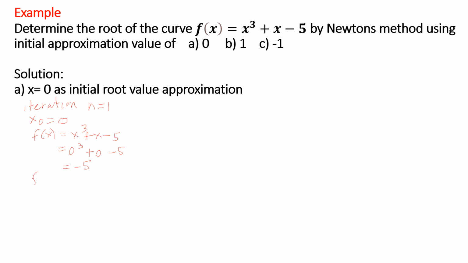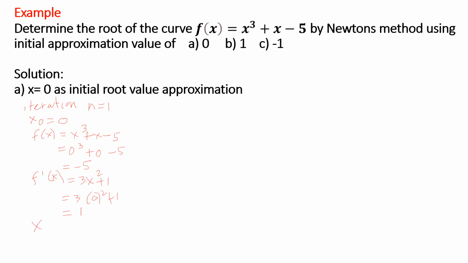So f prime of x equals 3x squared plus 1 equals 3 times 0 squared plus 1 equals 1.